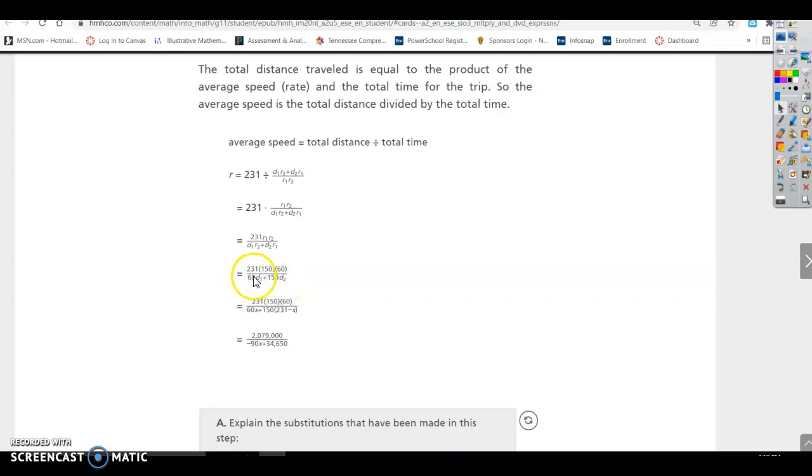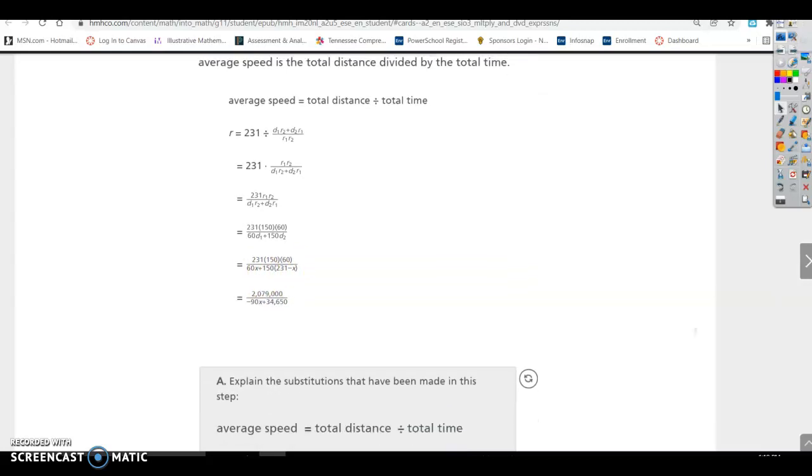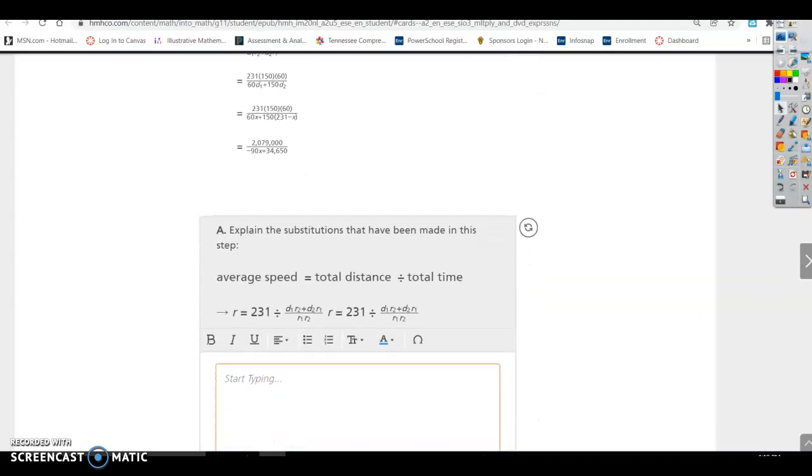They gave this average was 60, top speed 150. All right, and then for the distance 1 and distance 2, they're going to substitute x and 231 total miles minus x. So that would be the two distances for the stop. Since we don't know what those are, that will be x and 231 minus x. All right, so if you simplify all of this, that gives you this expression here.